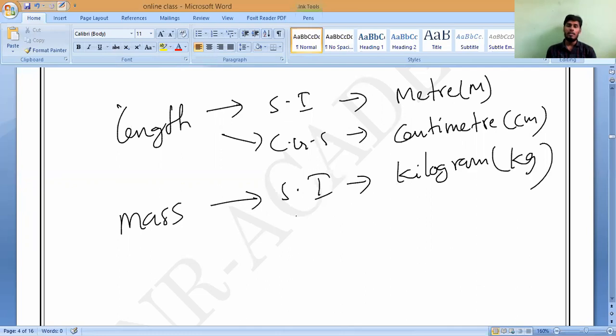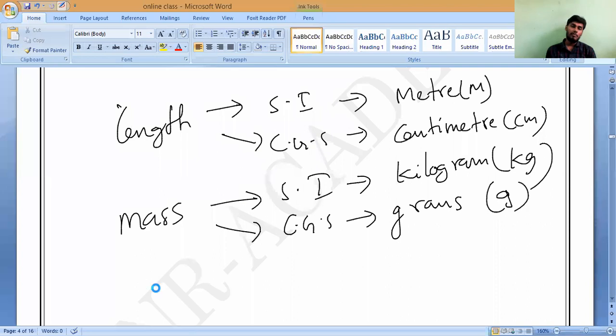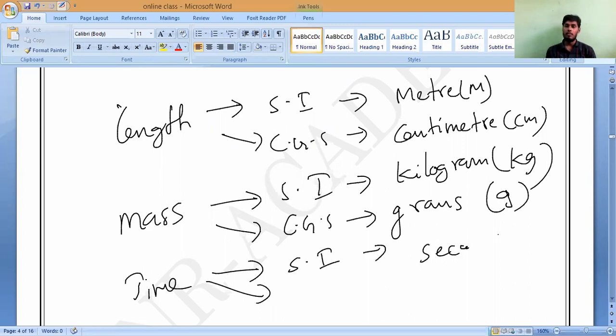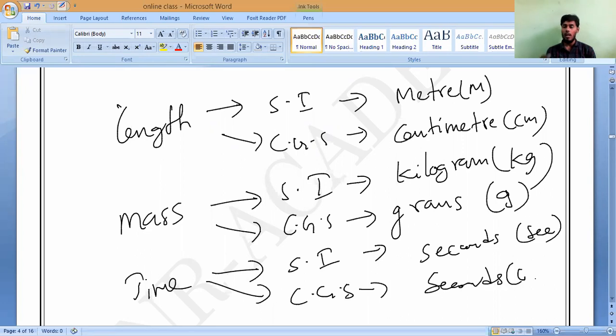What is the CGS unit? Grams. Time SI unit is seconds, sec. And CGS is also seconds. Do you understand?